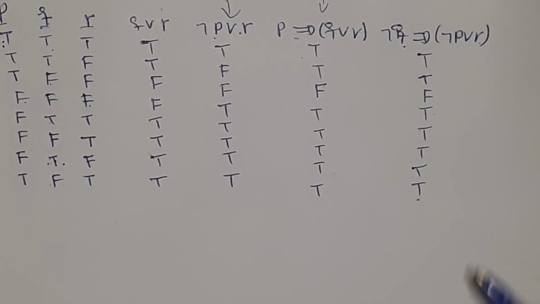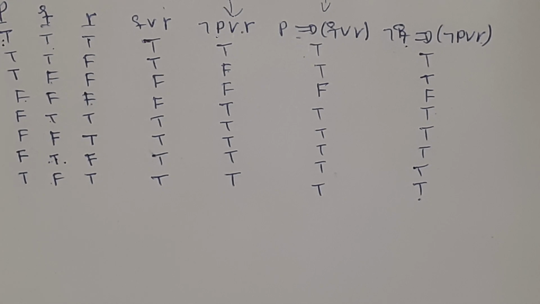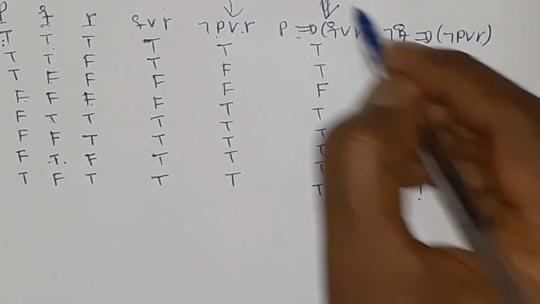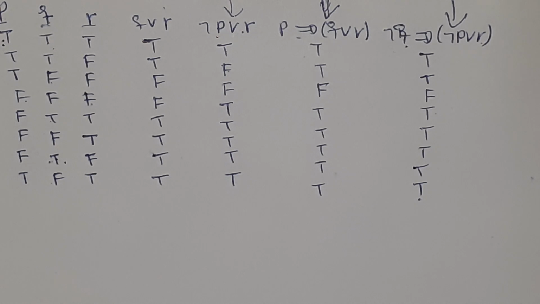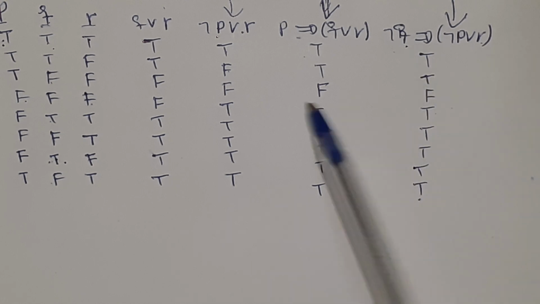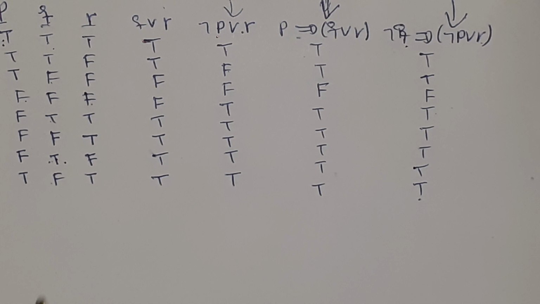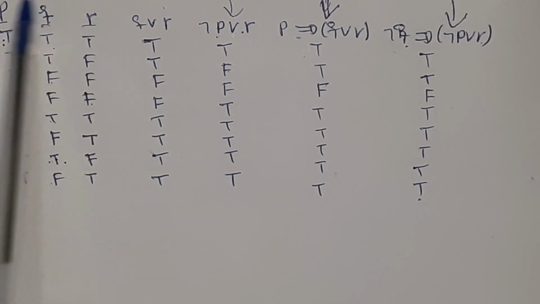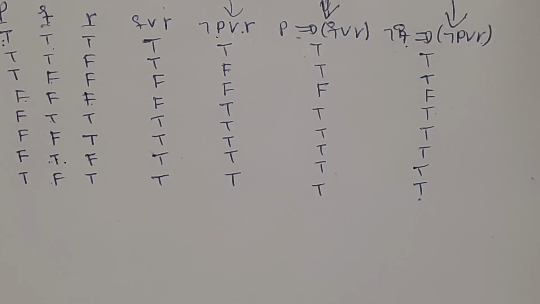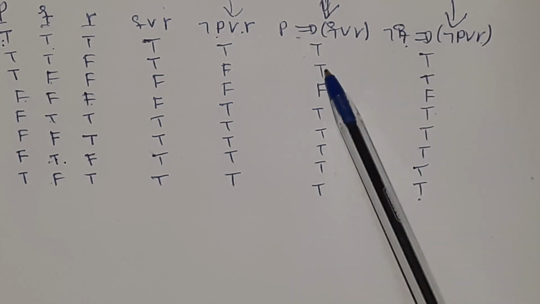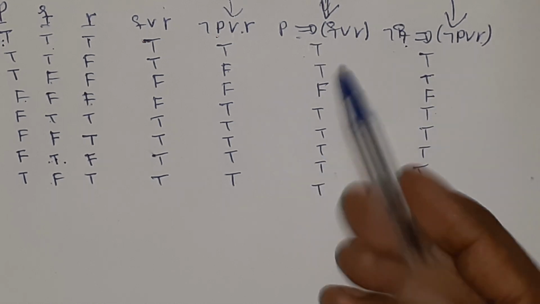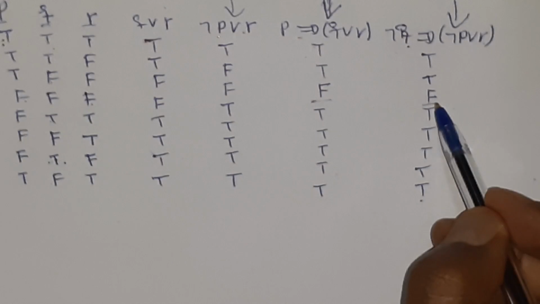Then when we look at the last columns, we are comparing the equivalency of these two compound statements. As we clearly observe here, these two compound statements have the same truth values for the same assignment of their simple statements, that is true, true, true, true, false, false, and they are false only at this stage.